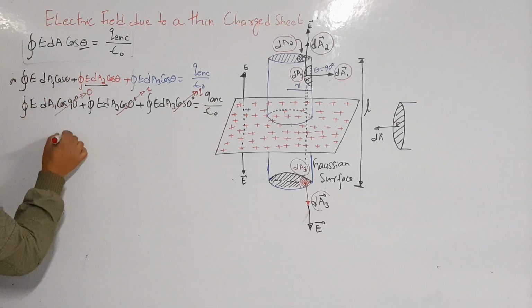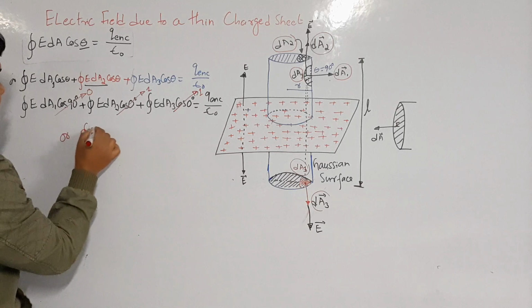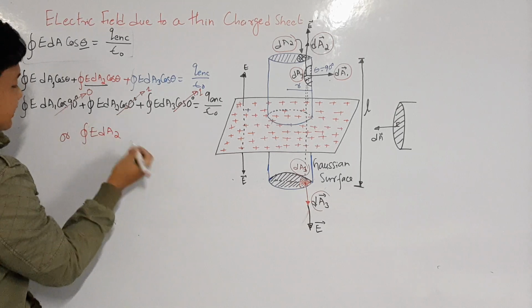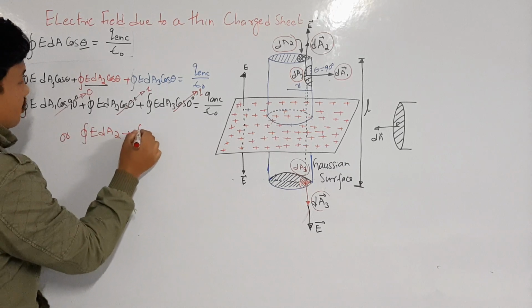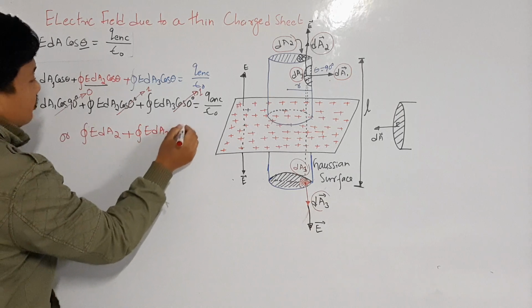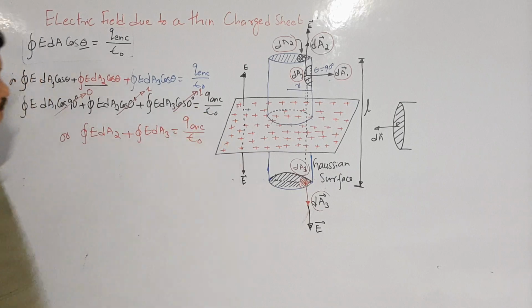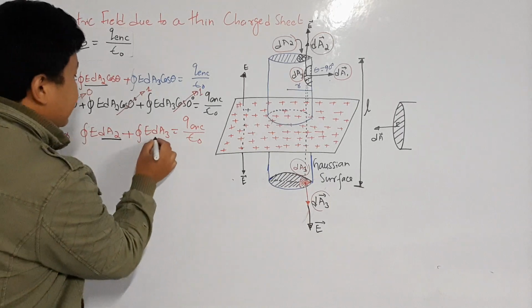So I will get what? I will get integration for surface E dA2 into 1, plus integration for surface E dA3, is equal to Q enclosed by epsilon naught. Now say, what is my dA2 and dA3?